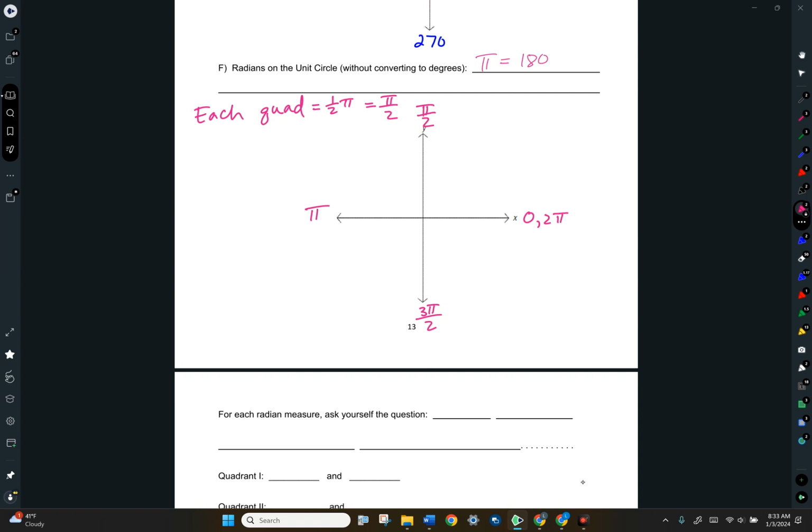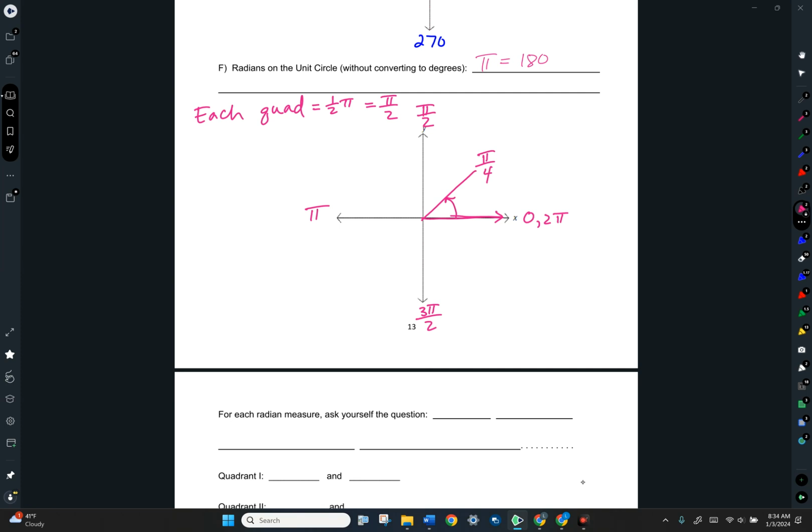So if I went exactly halfway into the first quadrant, we're not going to say 45 degrees, but think about it. If I start at 0 and one full quadrant is a half, what would half of that be? Wouldn't it be a fourth of pi? So this is pi over 4.